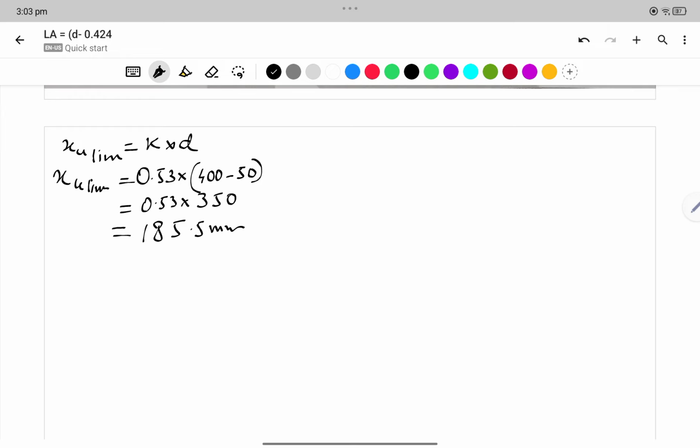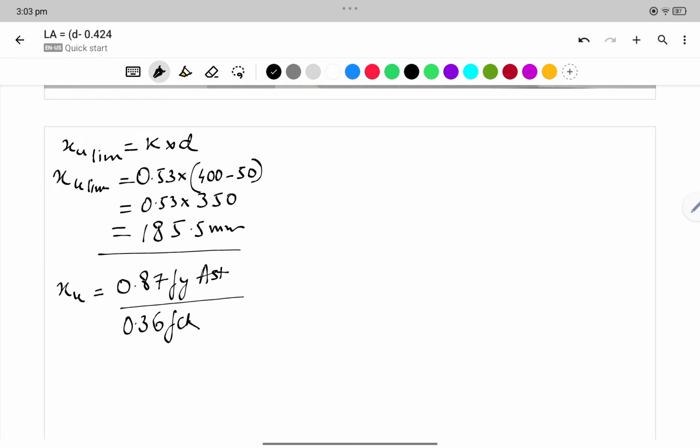So now we have found the XU limiting. Now we will see the XU formula. XU is equal to 0.87 Fy Ast divided by 0.36 fck b.